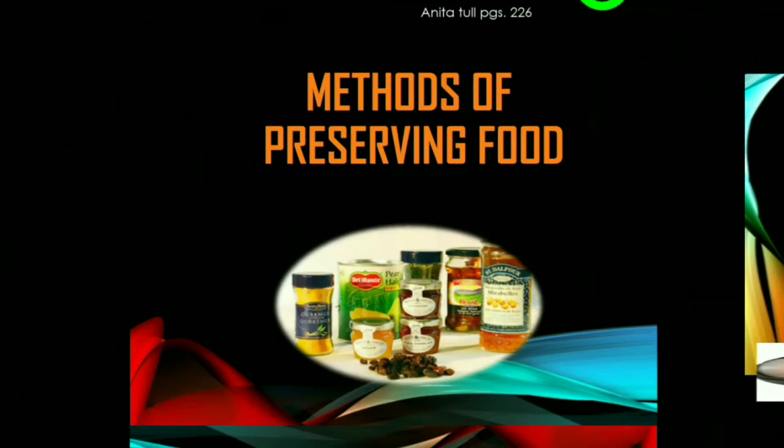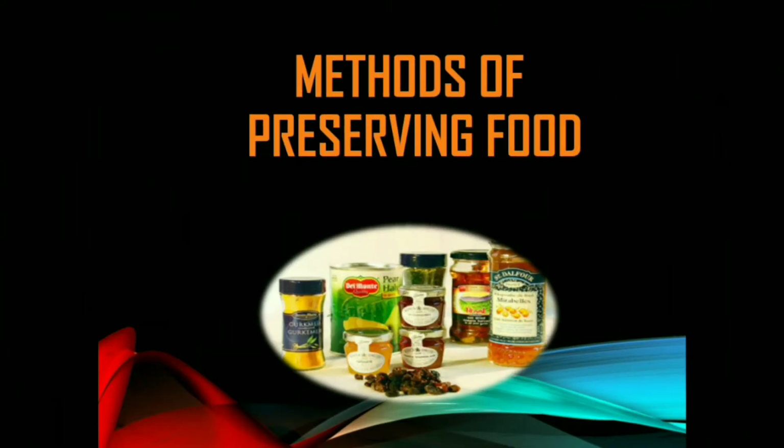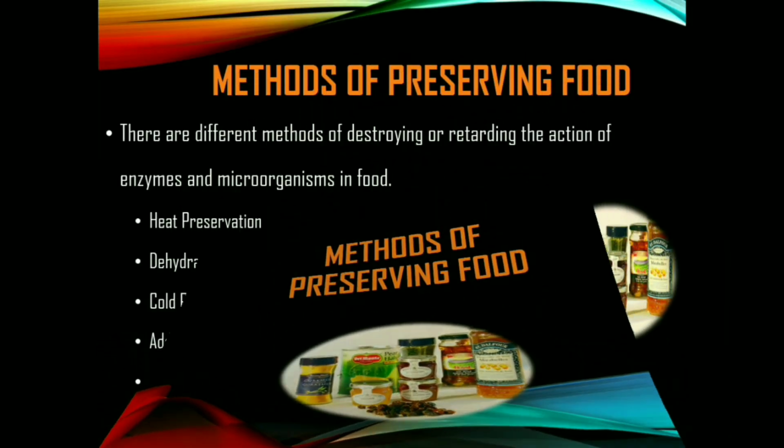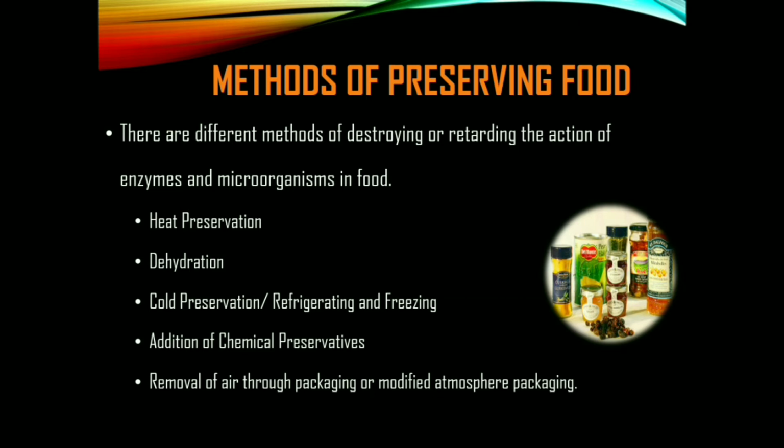We have looked at the definitions, the reasons for preserving foods, and also the principles on which food preservation methods are based. It is now time for us to explore the methods of food preservation. Good? Now, there are different methods of destroying or retarding the action of enzymes and microorganisms in food.